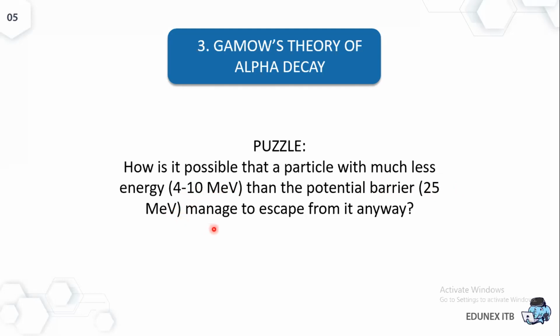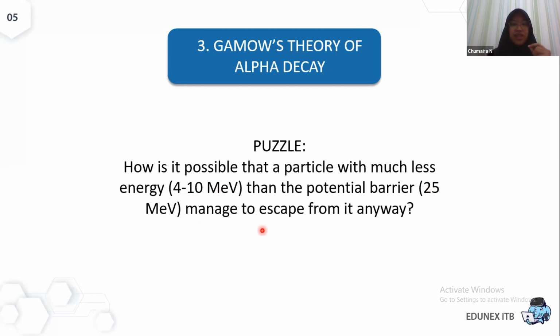We can visualize this by imagining if we throw a ball upwards. If we throw a ball upwards, the ball would come back down, right? Unless we throw the ball with a velocity over the Earth's escape velocity.